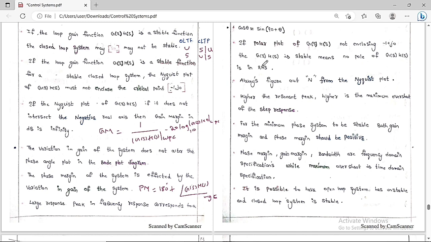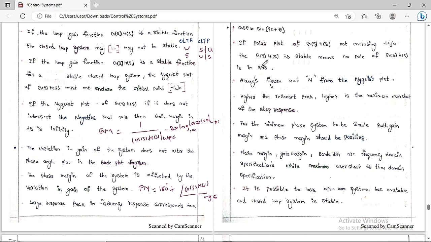In simple words, I can say like this. Suppose you are going to plot the polar plot of G(s)H(s), and if it is not going to enclose the -1 plus j0, then it indicates that G(s)H(s) is said to be a stable function, a stable system. It means that no pole of G(s)H(s) is going to lie in the RHS of s plane.